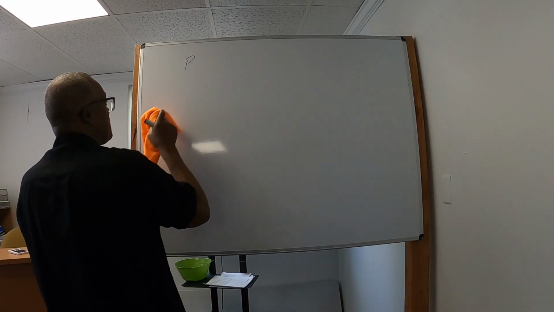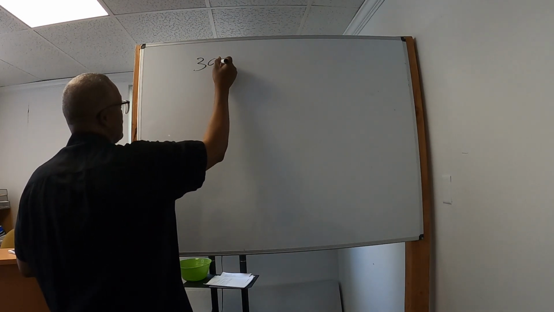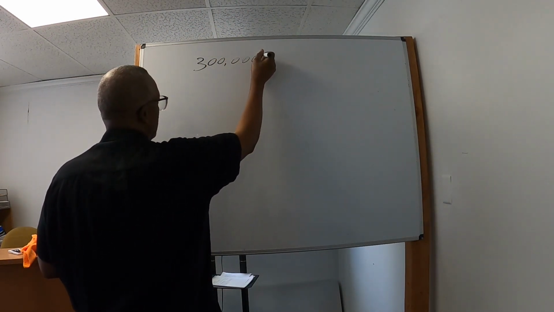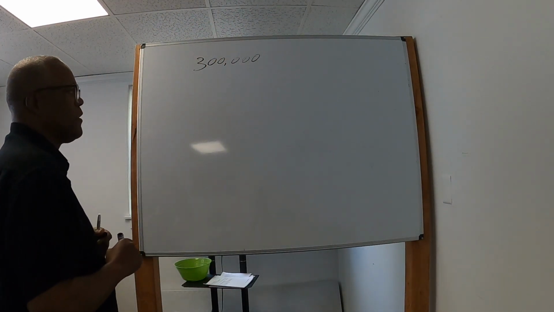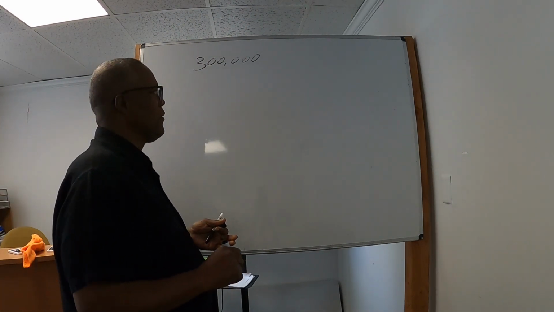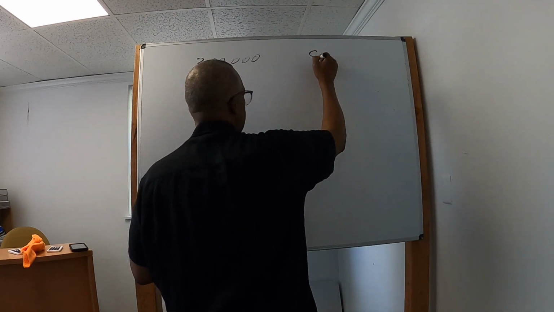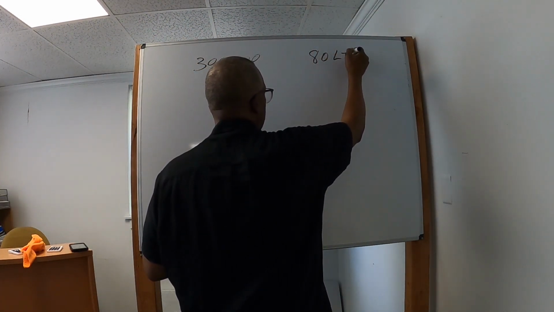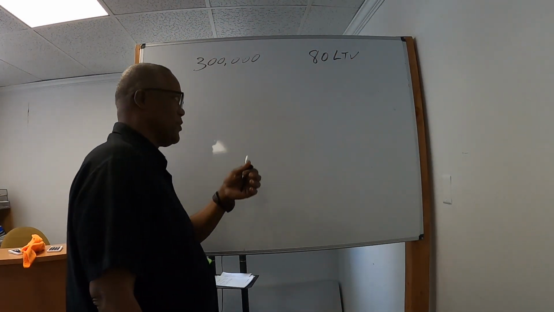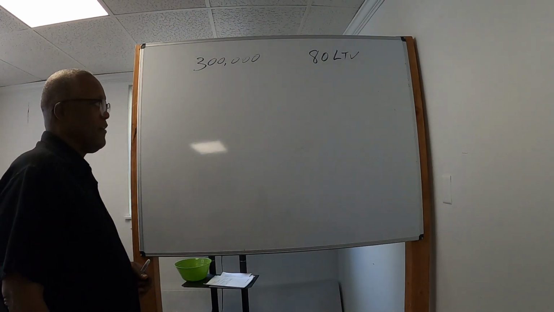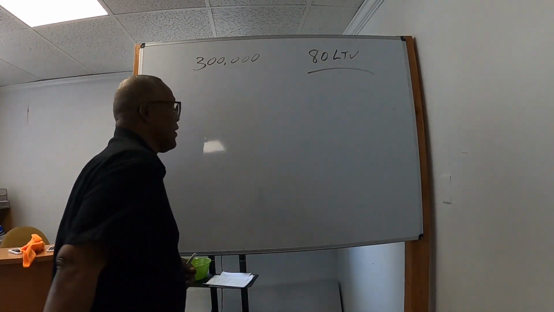We'll just say 300,000 again. I like 300,000, a nice, easy number. That's the purchase price of the home or property that you're going to buy. They're going to say you have an 80% LTV. It's already figured out for you.